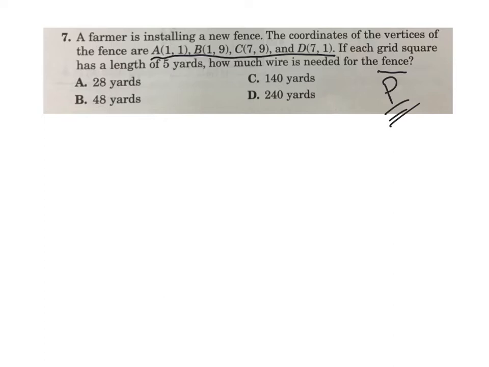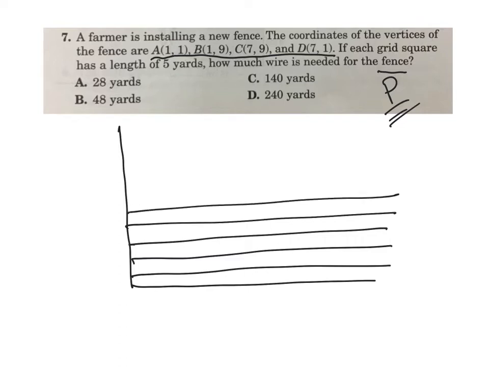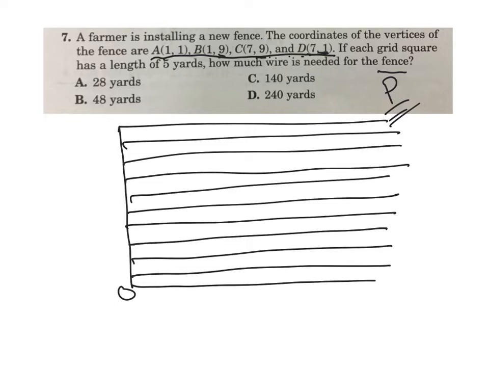Okay, the way I'm gonna do this one is I'm gonna start by creating a little graph for myself. I'm gonna try and do a 9 by 9 because I see 9 and 7, but I'm gonna do a 9 by 9 just so I have enough. This is 0, and there's 1, 2, 3, 4, 5, 6, 7, 8, 9. I guess I did 10 there. That's okay.